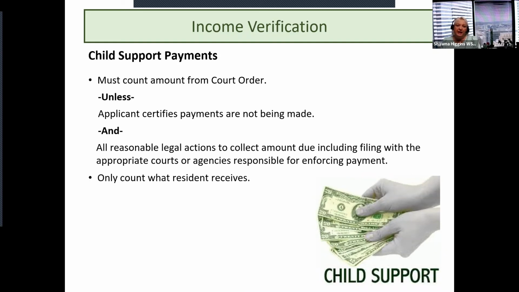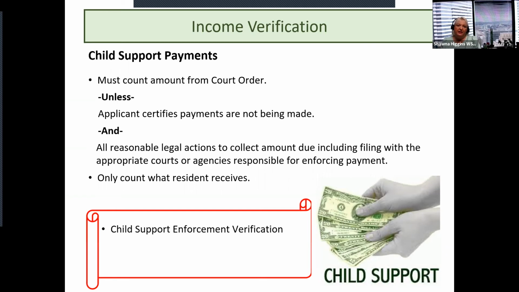And you're only going to count what the resident receives. So if they say they're supposed to receive a certain amount and they're not receiving that, and it's been a habit, then you'll want them to fill out a child support enforcement verification.